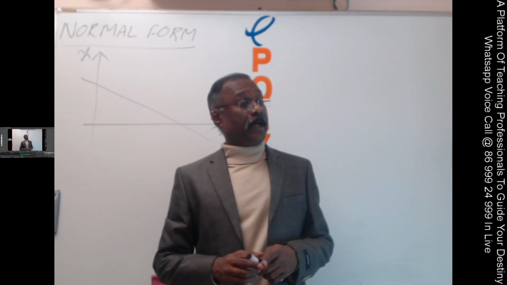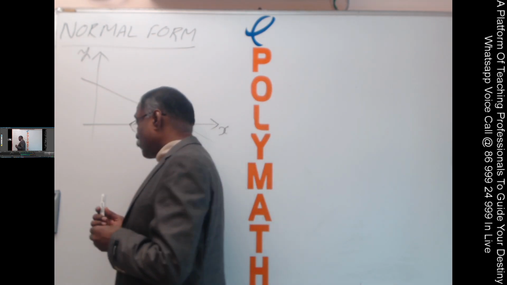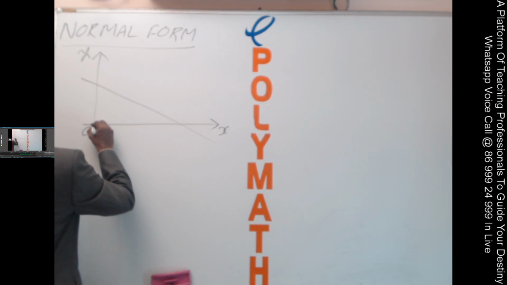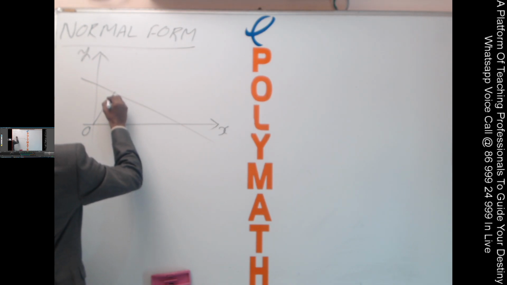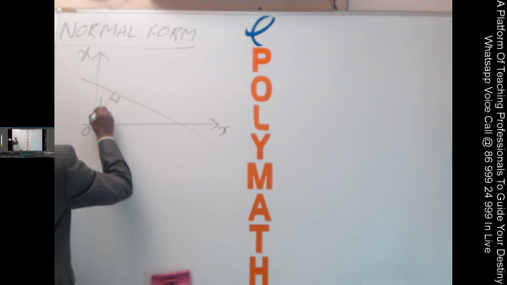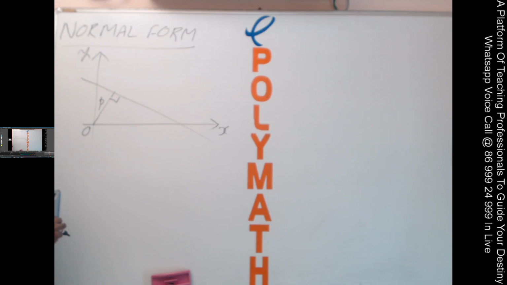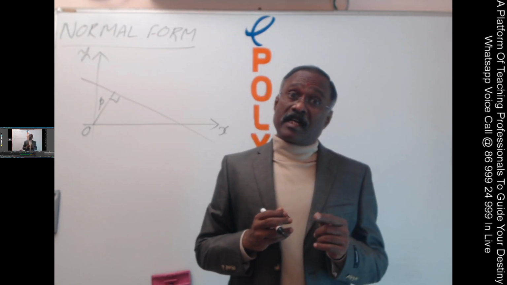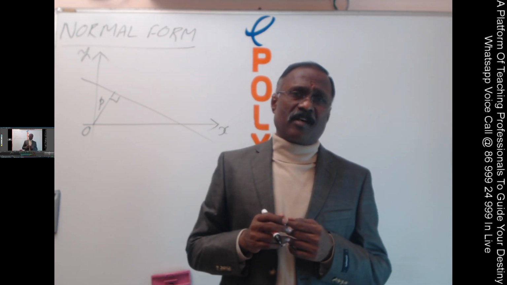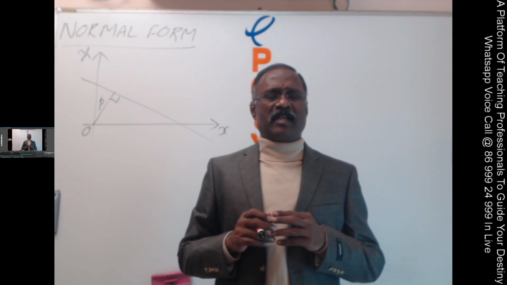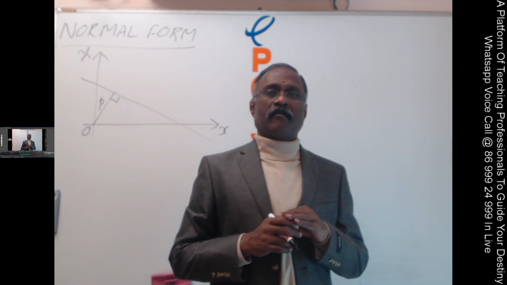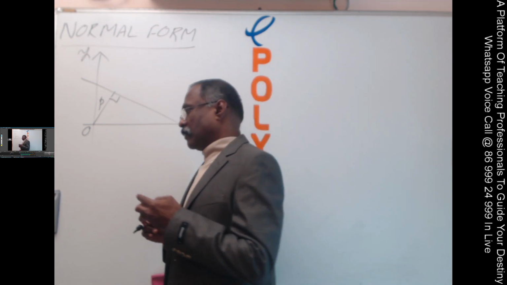That is, the perpendicular distance from the origin to this line is given to be p. Understand? Now the data given is indirect. It is not lying on the line, it is not the data related to the line, but it is the distance from the origin. Distance from the origin to the line is given.